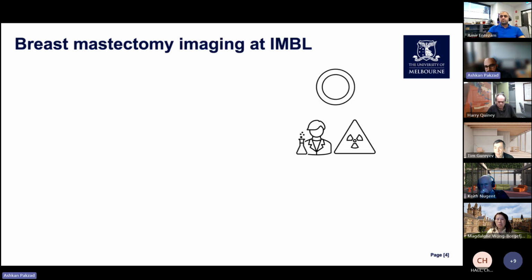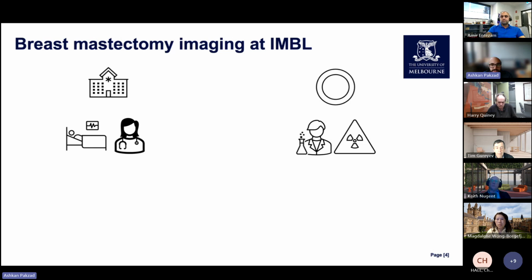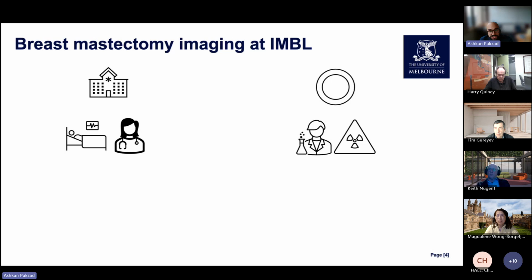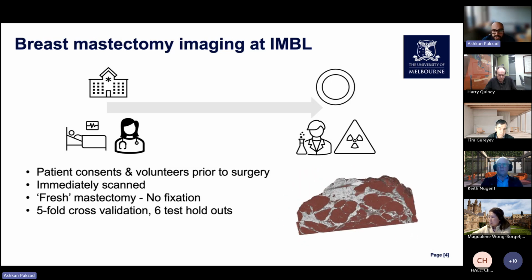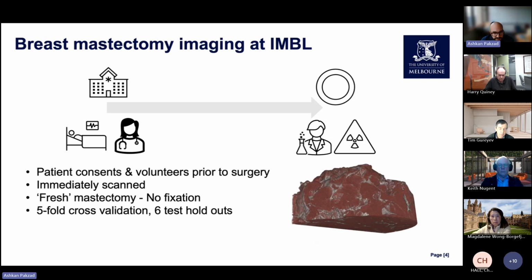So in our studies, all imaging is conducted at the imaging and medical beamline, IMBL, at the Australian synchrotron, where we're imaging as close as possible to real patients. So we're using clinically required mastectomies with patient consent, and the mastectomies are transported immediately to the synchrotron and are scanned without fixation.